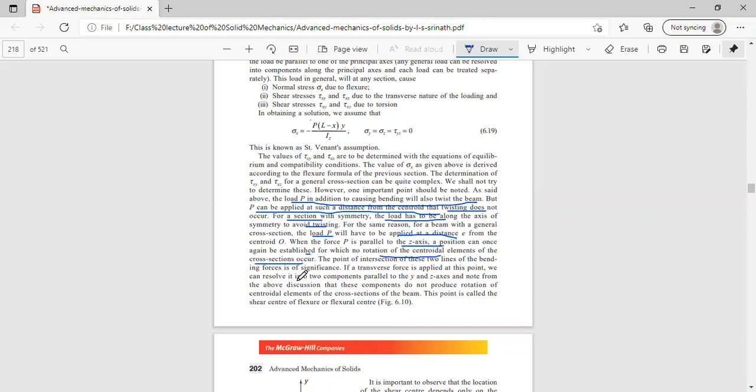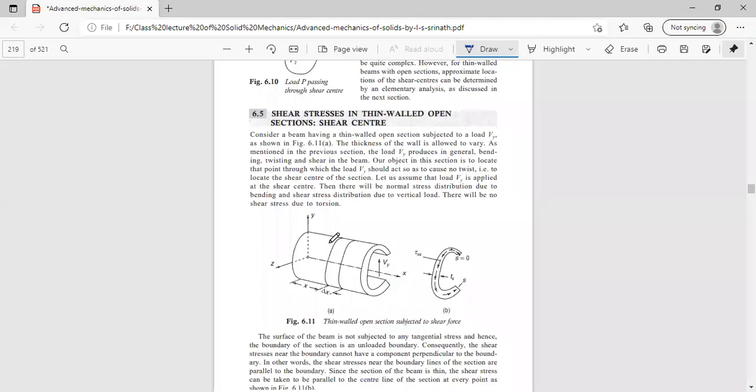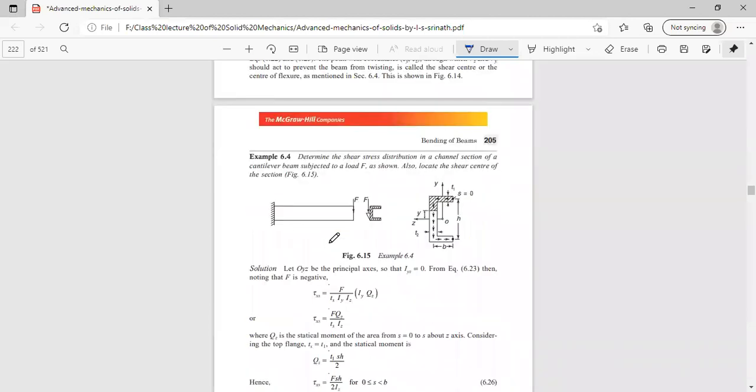This is called the shear point, or the shear center itself. Now we have already discussed how to find out the shear center.